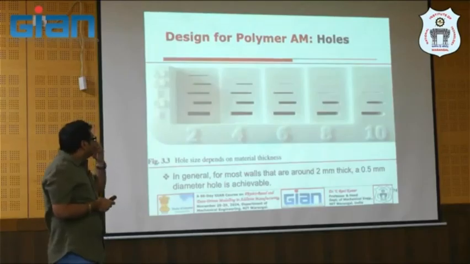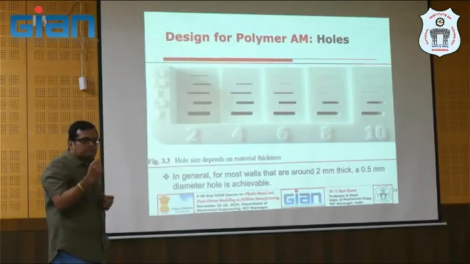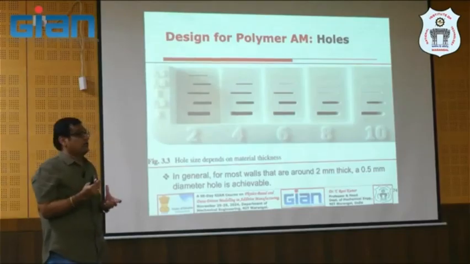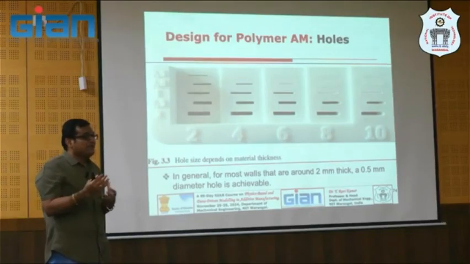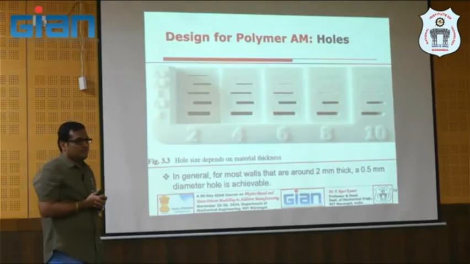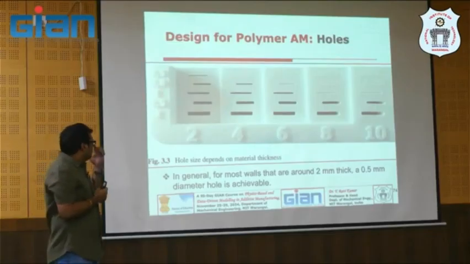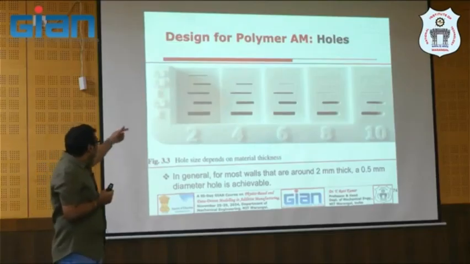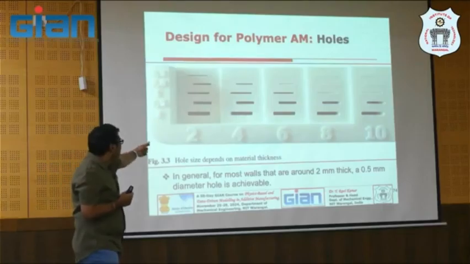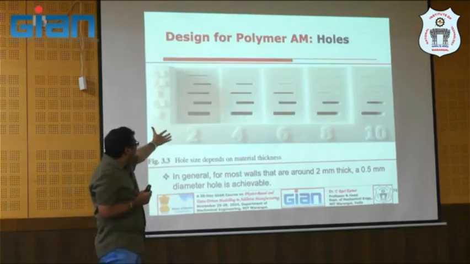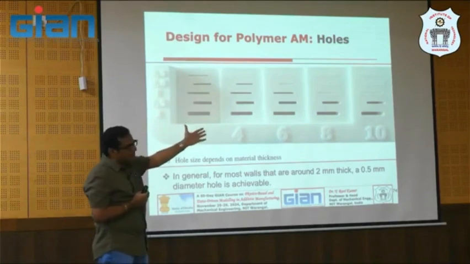Yeah, and then we need to understand the minimum size of the feature that we are going to realize. That will vary from process to process, of course, and material to material. Say you see the thickness, it may be 2 mm thick at the left extreme, and 4 mm, 6 mm, 8 mm, 10 mm.